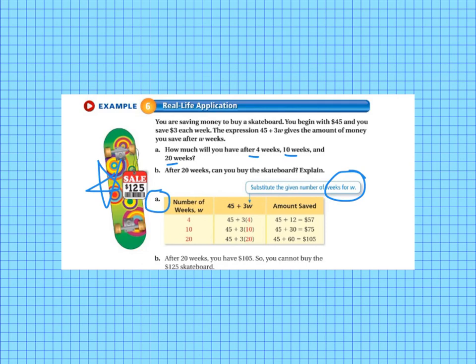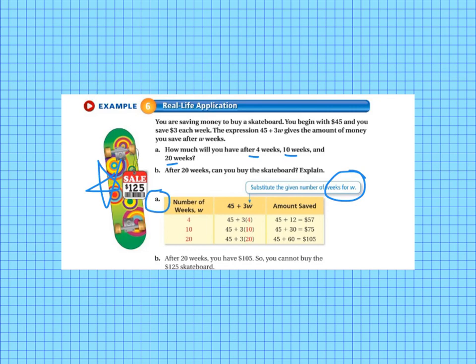After 20 weeks, we've saved the original $45 plus 3 times 20 weeks, which is $60, so that's $105.